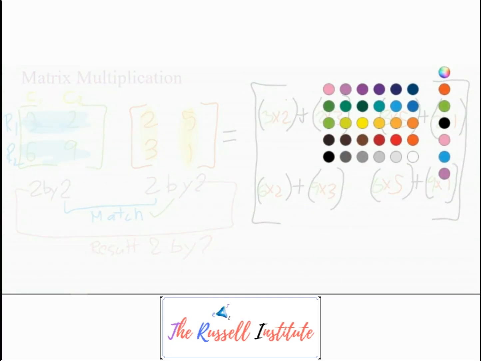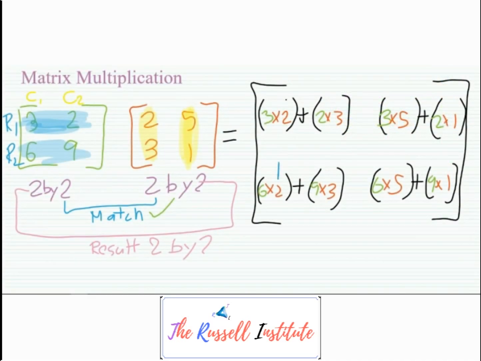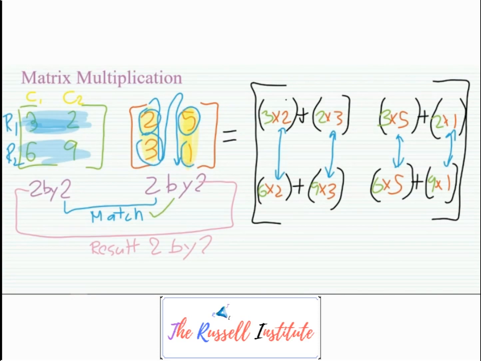And what you will notice is that there's a pattern here where these numbers must be the same. They must match up. The pattern in the second matrix is sort of like a snake. You go down the first column, 2, then 3, and you come back up and you go down the next column. So you go 2, then 3, then 5, then 1.